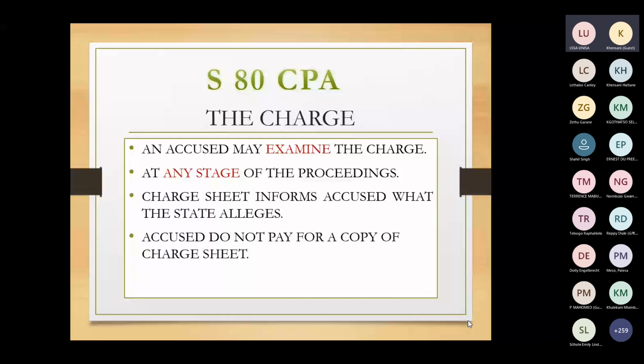But however, it's very, very crucial to raise that objection, and to say that the reason why you are objecting to the charge, as I say, is governed by Section 85, this one, is that it doesn't comply with the requirements of Section 84. It doesn't set out the essential elements of the offense. Let's say, for instance, theft.